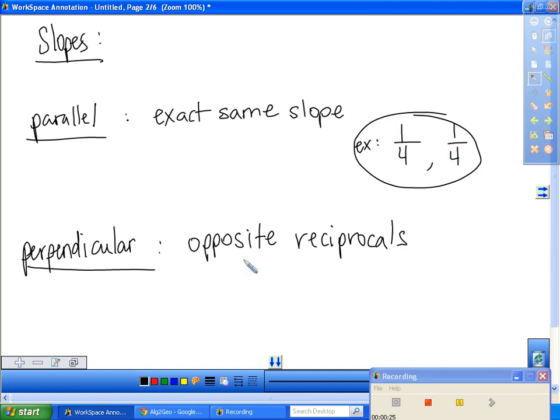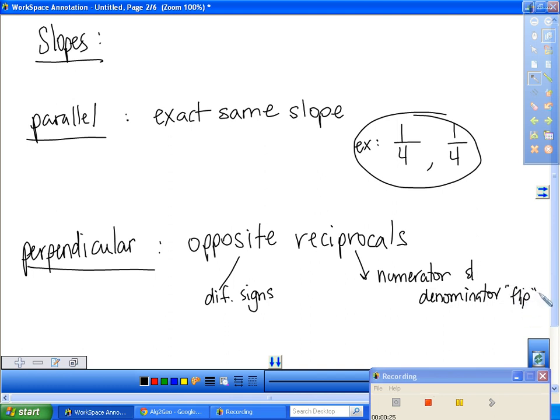Now, opposite reciprocal, opposite just means different signs. So if one is positive, the other has to be negative. And reciprocal is when the numerator and denominator "flip."